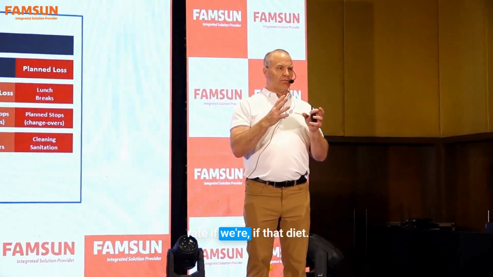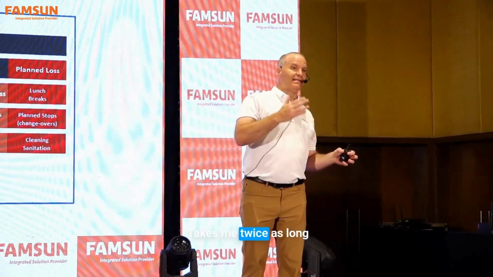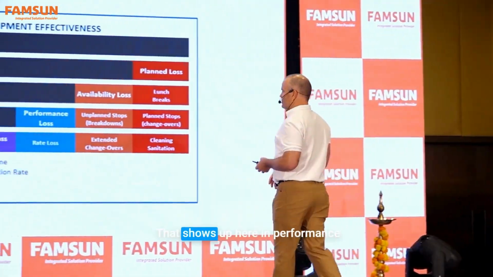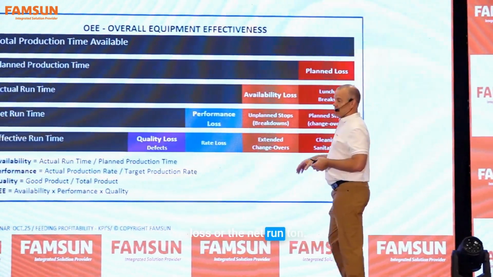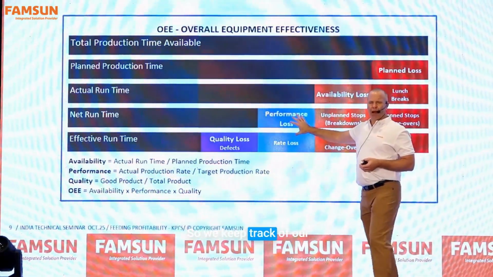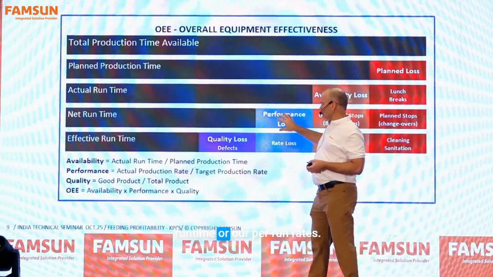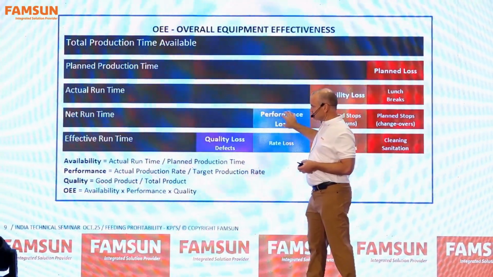If that diet is expected to run at 10 ton per hour, but you're only running at 5 ton per hour, it takes me twice as long to make that product. That shows up here in performance loss, or the net runtime. So we keep track of our runtime, or our run rates.